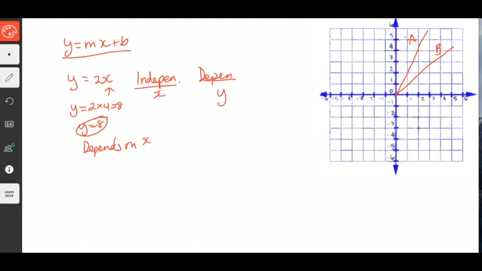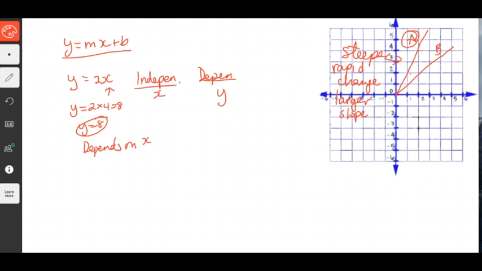So by now you all should recognize that line A is your steeper line. So it will have rapid change. And because it has rapid change, it means you have a larger slope than line B.